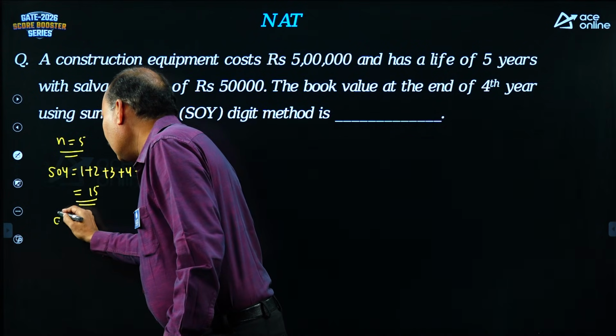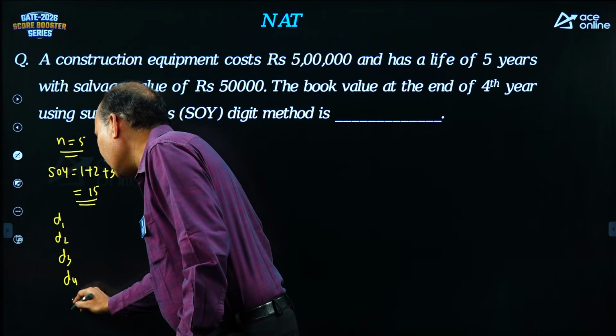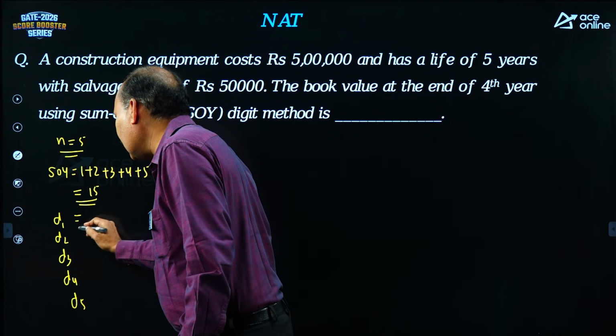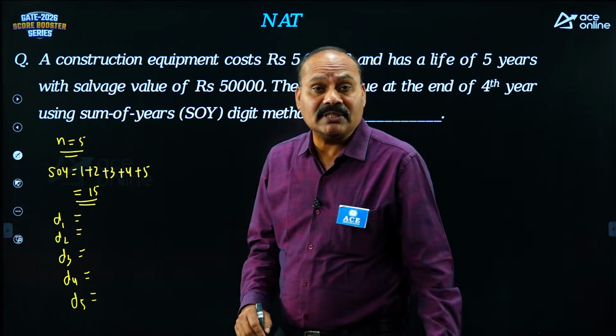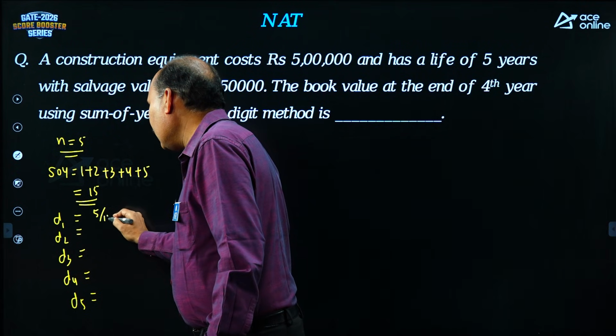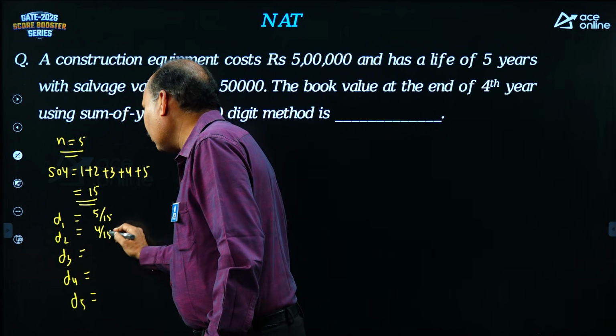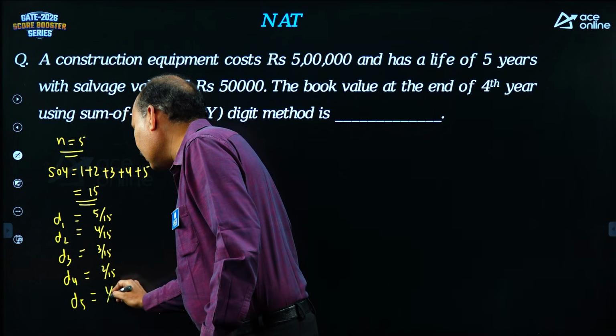Then D1, D2, D3, D4, D5. These are actually depreciation factors. In case of sum of years digit method, we generally use a variable depreciation factor. The first factor is equal to 5 by 15, second 4 by 15, 3 by 15, 2 by 15, 1 by 15.